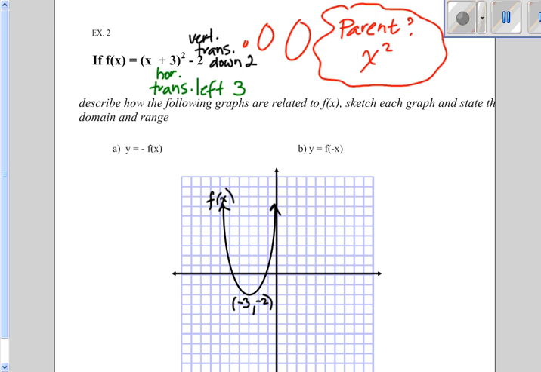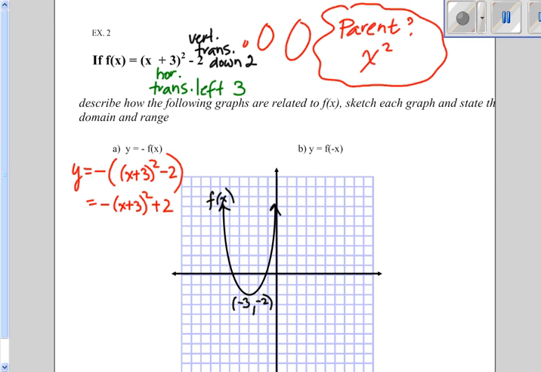If I want to draw y equals negative f at x, I am going to have the function negative whatever f at x is. So I'm going to use great big brackets. Negative, big bracket, x plus 3 squared minus 2, equals negative x plus 3 squared plus 2.